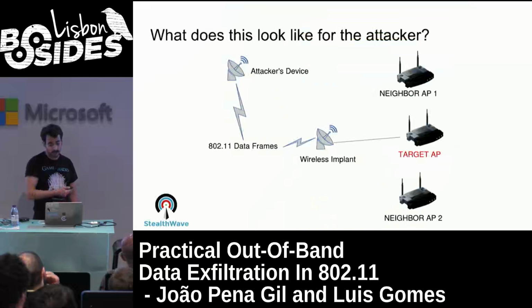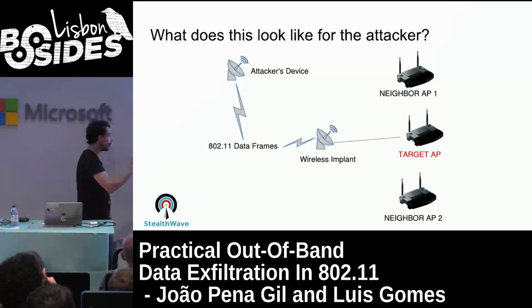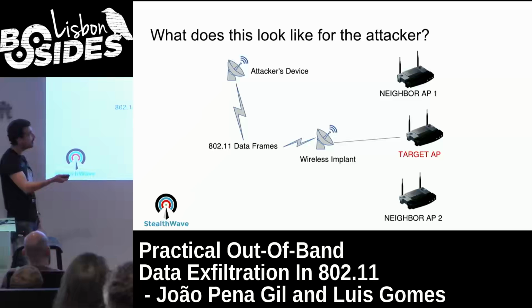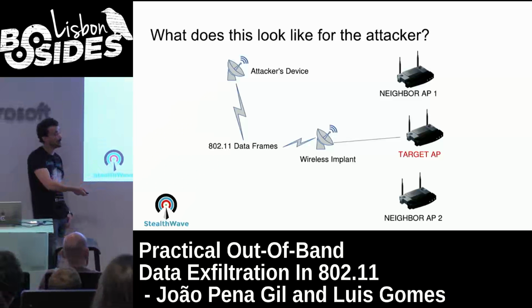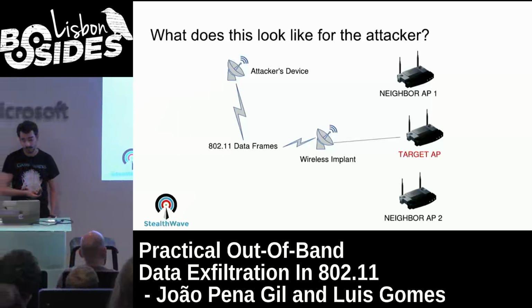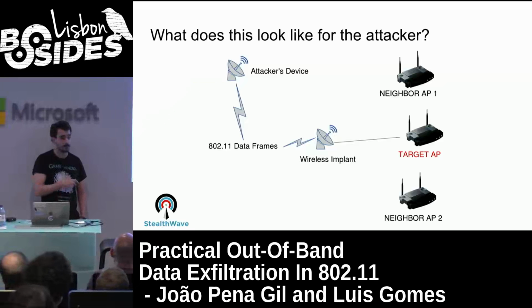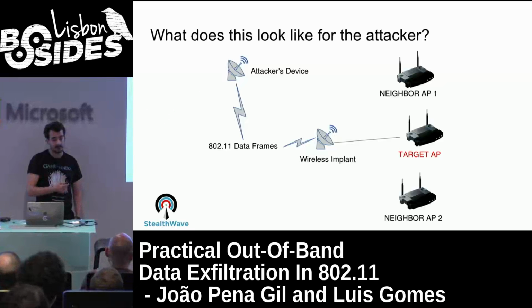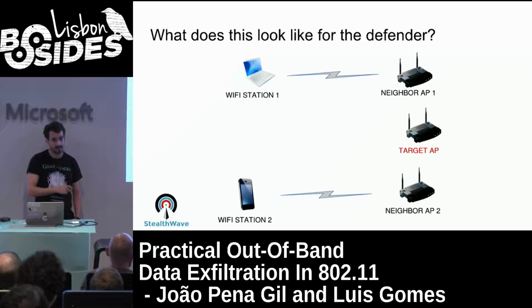Let's see what this will look like for the attacker. They would just drop the implant, connect it to the target, and then send the data frames up to the other device. How is this different from what we just showed you before? Well, this is what the defender sees.